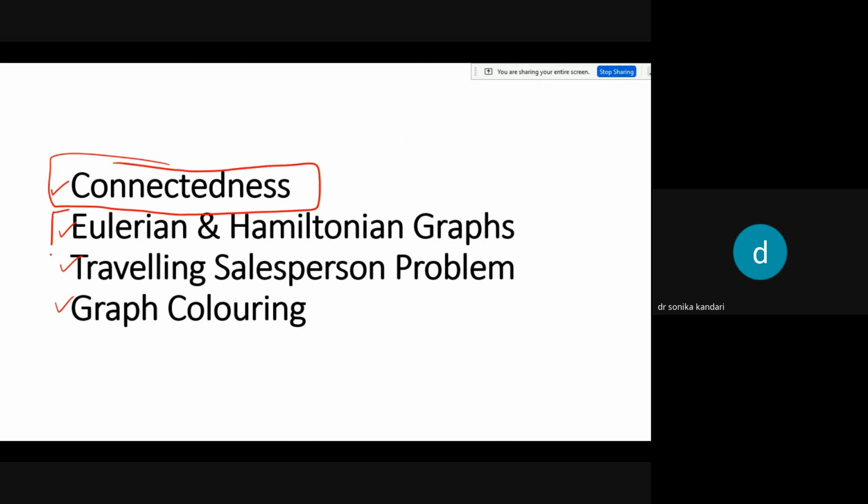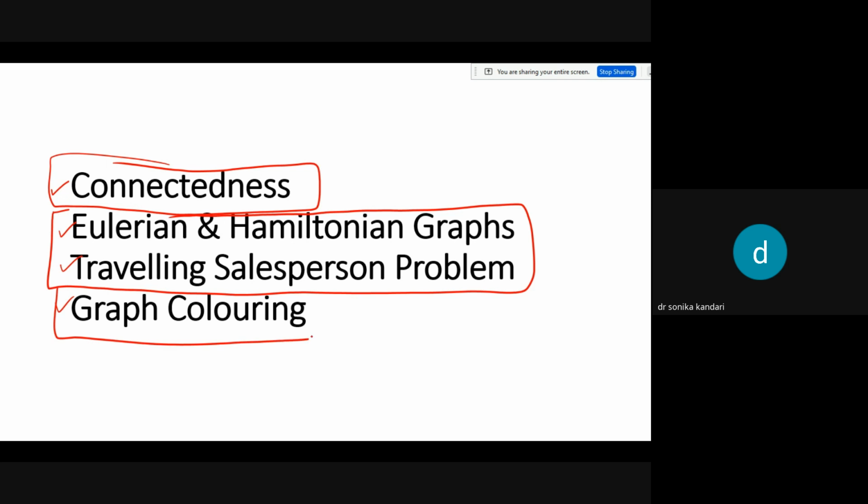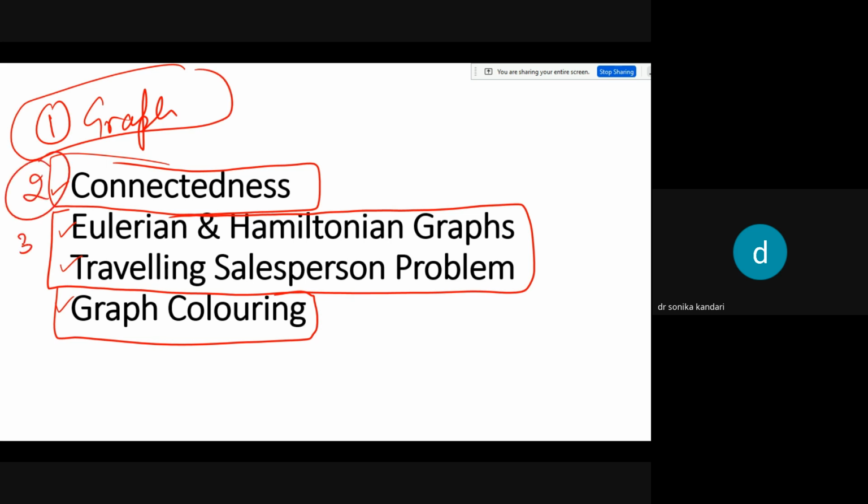And now we are here: Eulerian and Hamiltonian graphs and the traveling salesman problem. These are different booklets. First was graph introduction. Second is about connectedness. Third, Eulerian and Hamiltonian. And fourth is graph coloring.